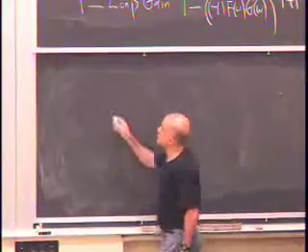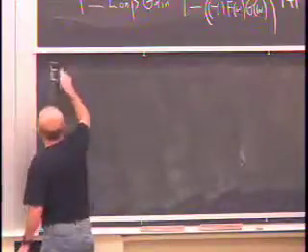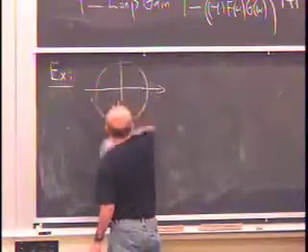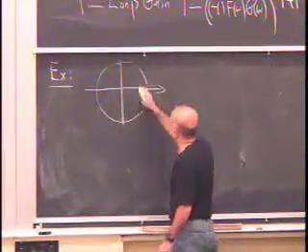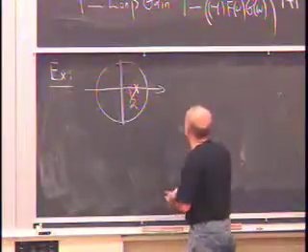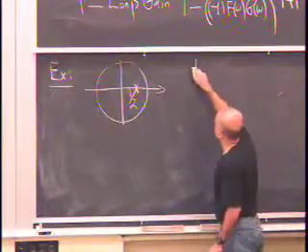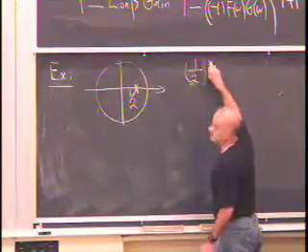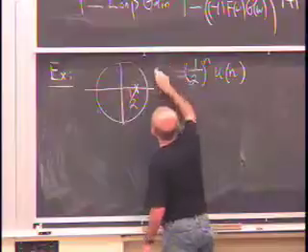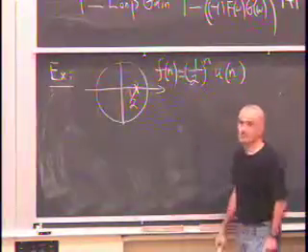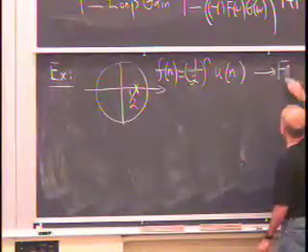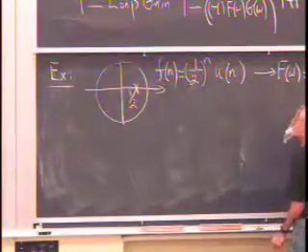Okay, so let's do a discrete time example. We had the example of the form 1/2 to the n, or alpha to the n u of n, as an impulse response. And you figured out in a previous lecture that the frequency response of this is what?